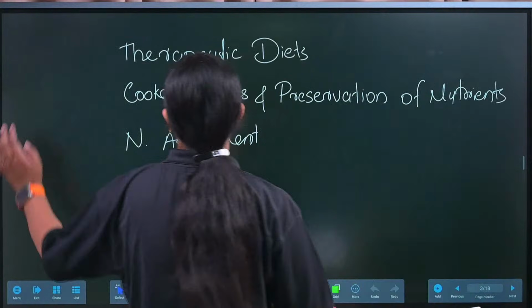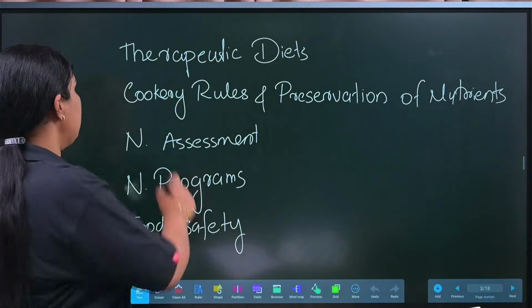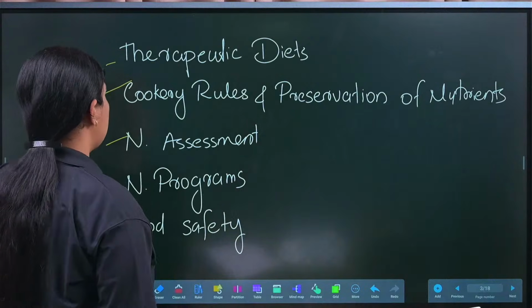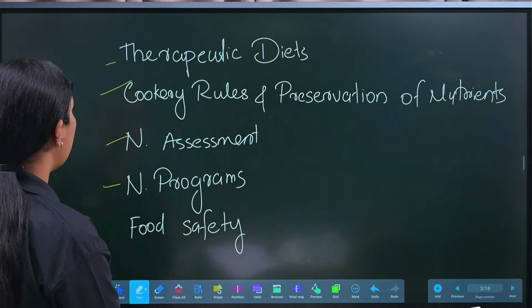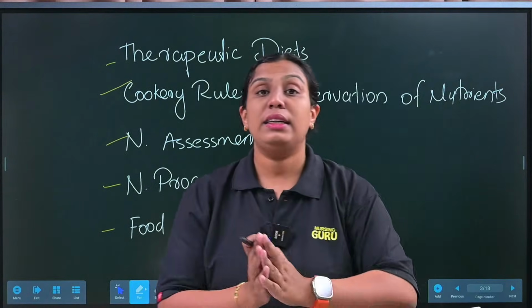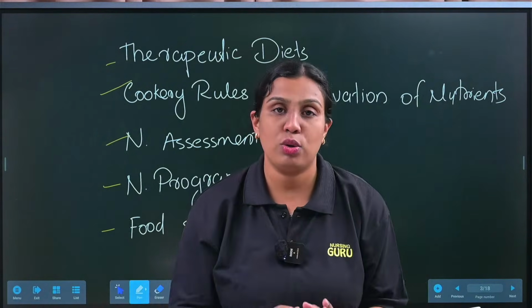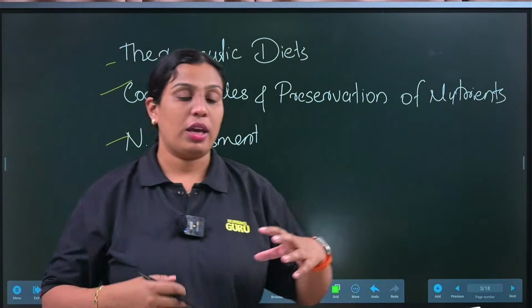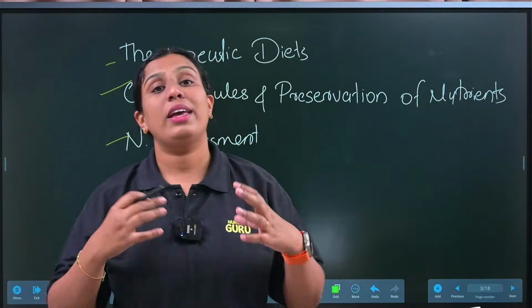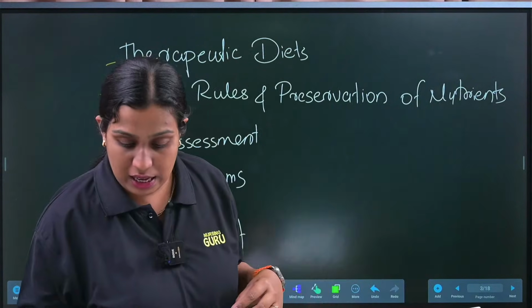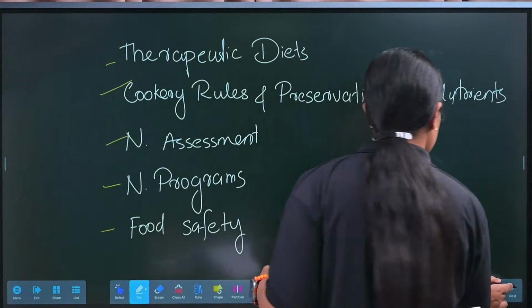The next ones are therapeutic diet, cooking rules and preservation of nutrients, nutrition assessment, nutrition programs, and food safety. These are the total 13 units we need to study in our second semester. In each unit we can discuss which area is important.